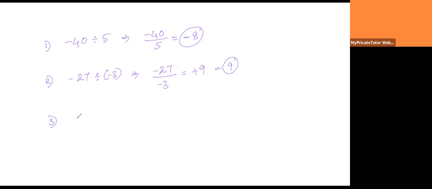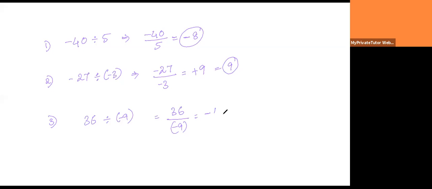You can take more examples. For example, let's take plus 36 over minus 9. So how does this work? 36 is a positive number, minus 9 is a negative number. So one positive number, one negative number. So the answer is obviously negative.